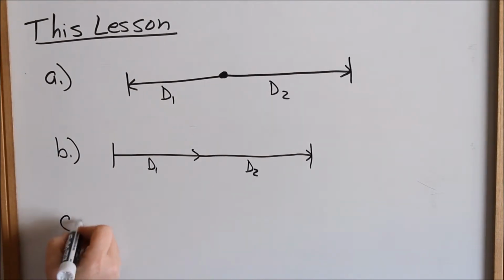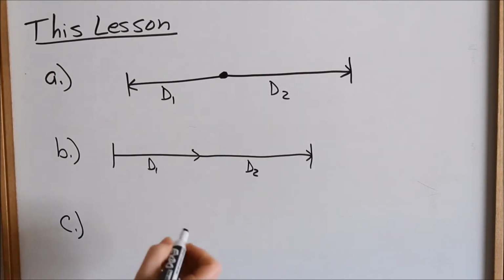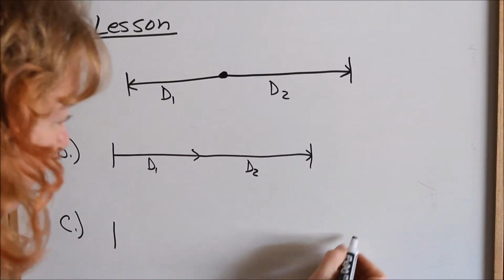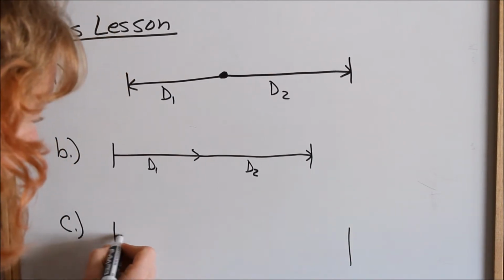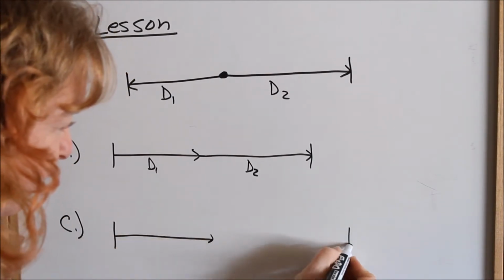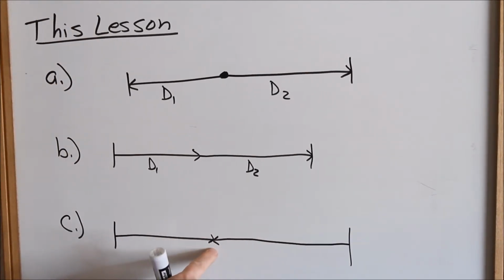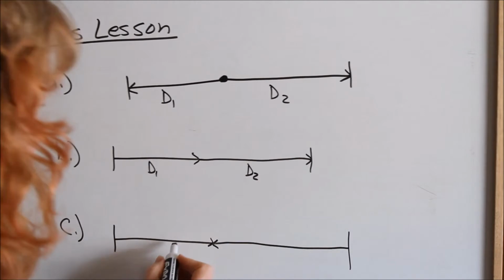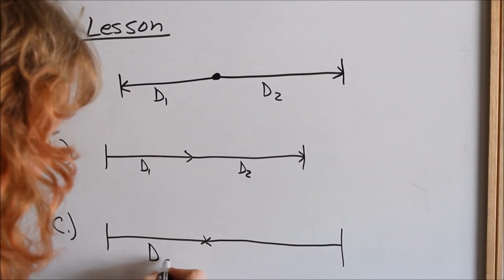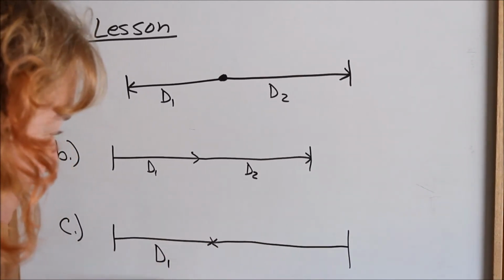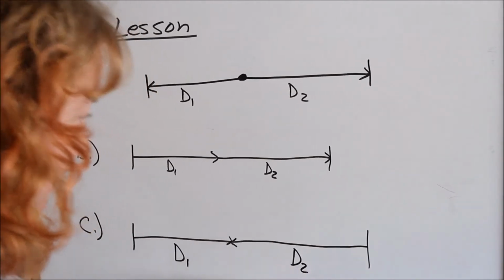And then in our third scenario, we're going to have people starting in opposite places and they are going to head toward each other. And they will have some sort of meeting point. You can't always assume this is in the middle. It's not in the middle. They will meet somewhere, and one of them has a distance, the other one has a distance.